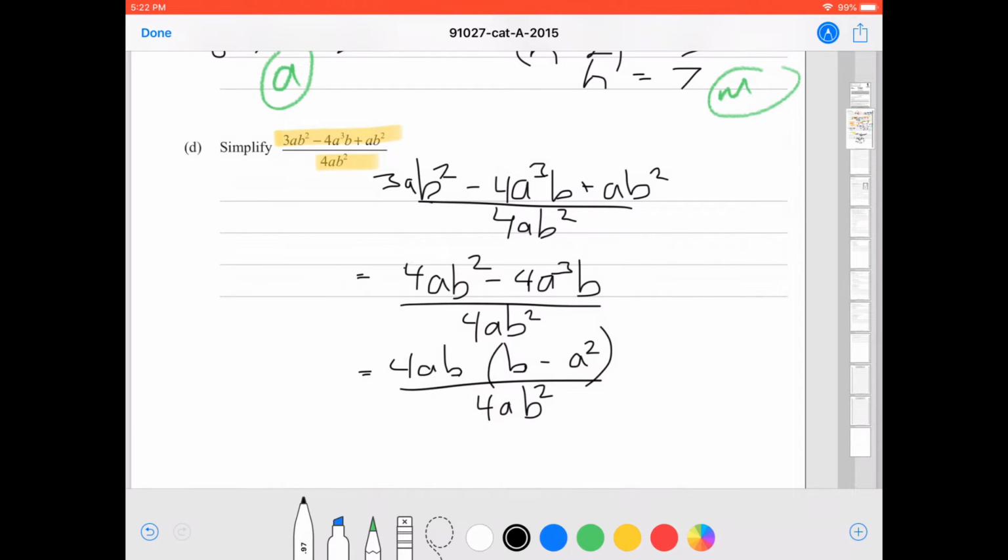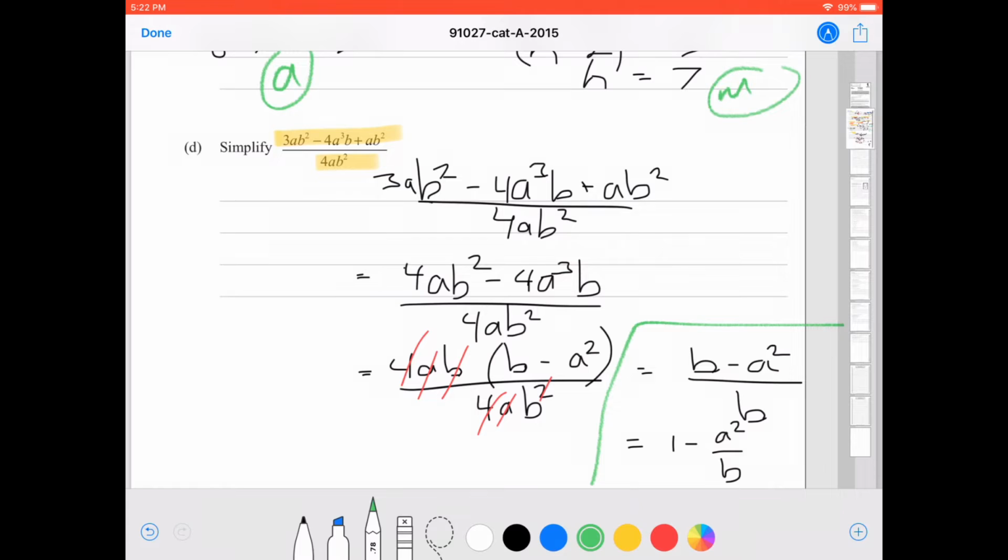Okay, we look to common factors on the top and bottom now, and we can see straight away we can cancel 4, we can cancel a and b on the numerator and the power of 2 in the denominator, and so we're left with a fraction b minus a squared over just single b.